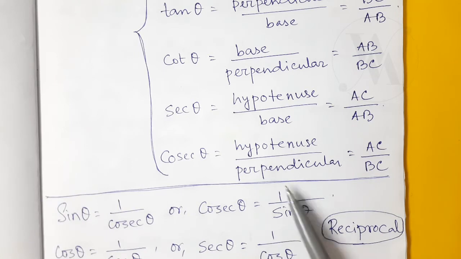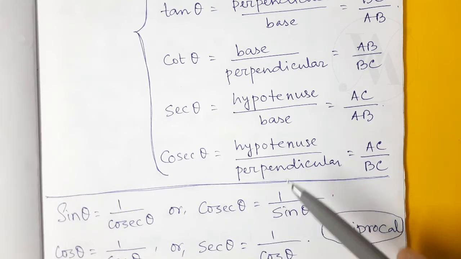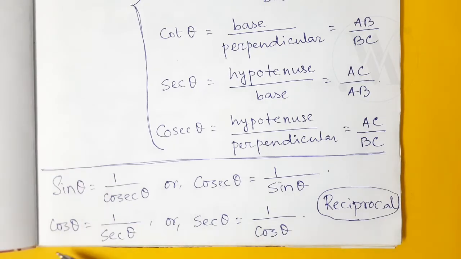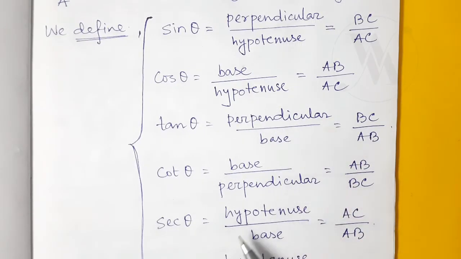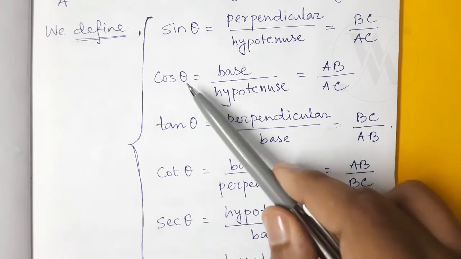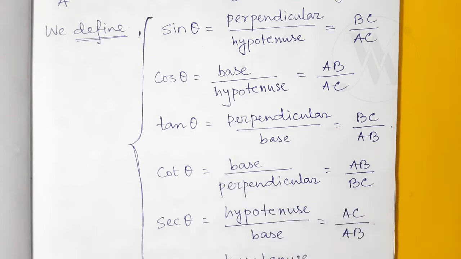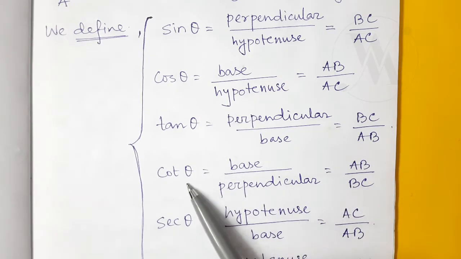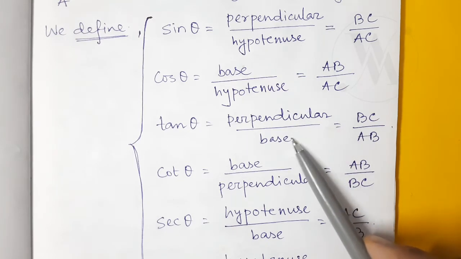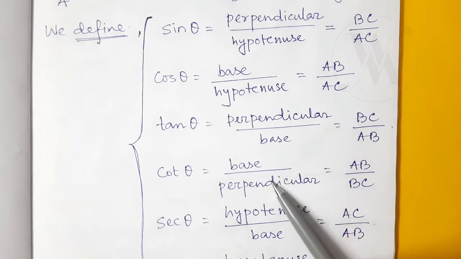Similarly, cosec theta is 1 by sin theta because they are reciprocals of each other. Similarly, for cos theta and sec theta you can say the same thing. Cos theta is base by hypotenuse and sec theta is hypotenuse by base. So cos theta is 1 by sec theta and sec theta is 1 by cos theta. They are reciprocals of each other. Similarly, for tan theta and cot theta also you can say the same thing. Tan theta is perpendicular by base and cot theta is base by perpendicular.